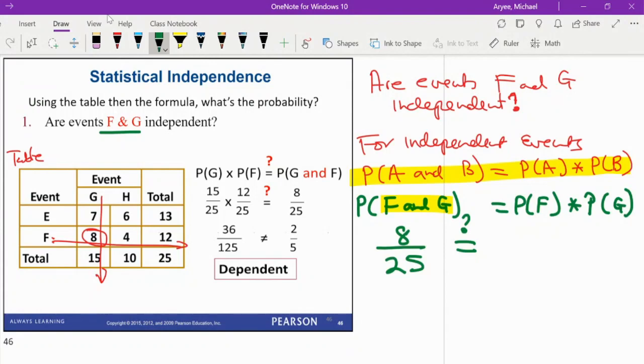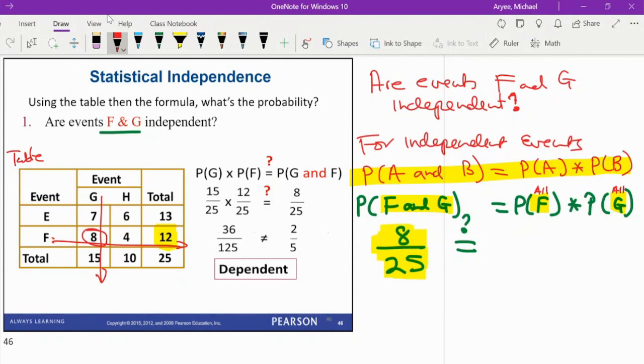You want to check whether 8 over 25 is the same as the F alone times the G alone, the probability of those things. F alone is all the F. So when you see P of F, it means all F's, and then all G. All right.